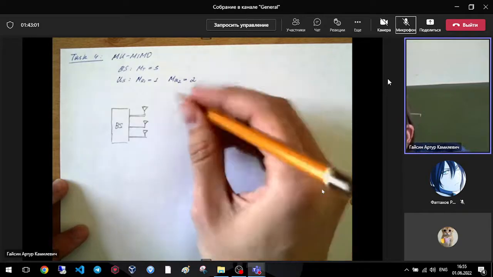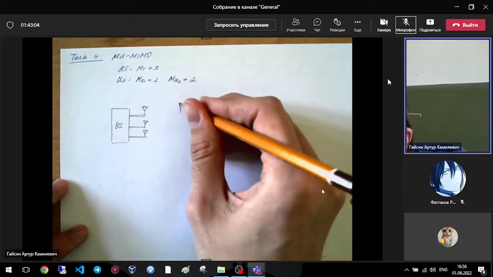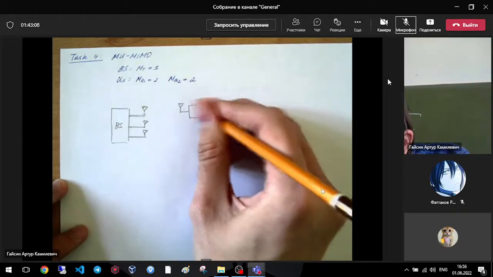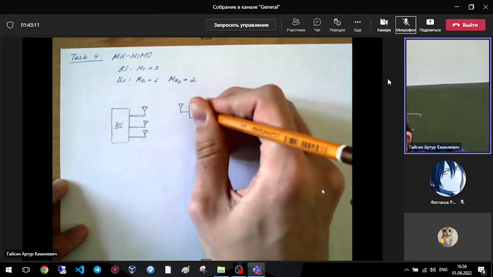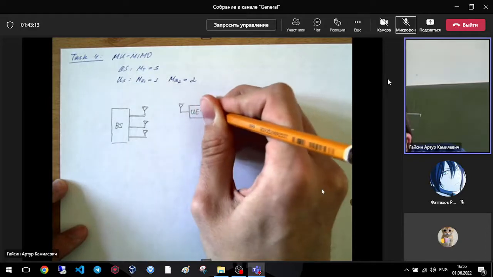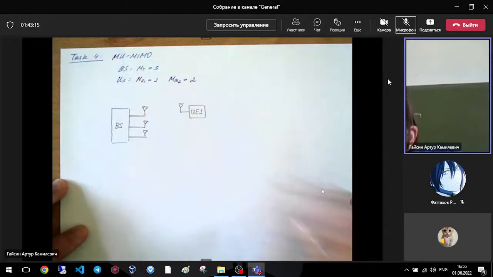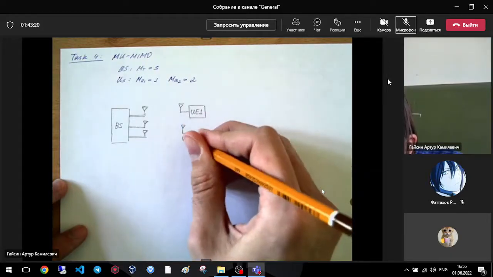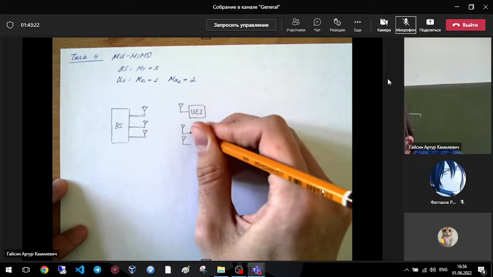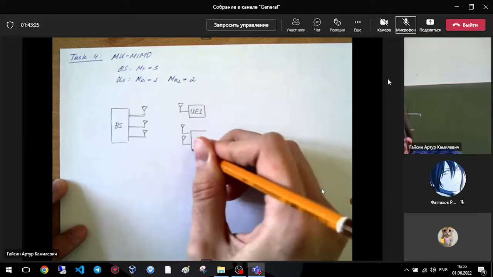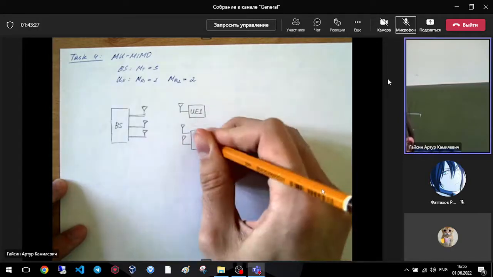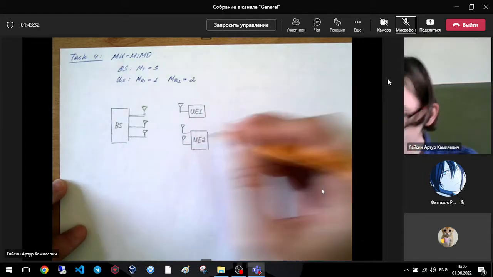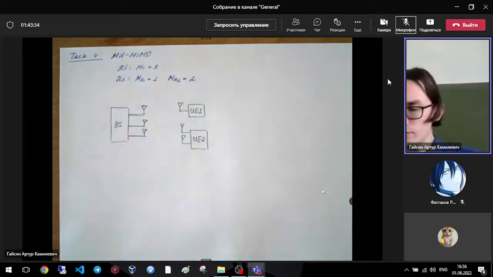And from the right side, one antenna for user 1, or I will write user equipment 1, and 2 antennas for user equipment 2. Something like this.